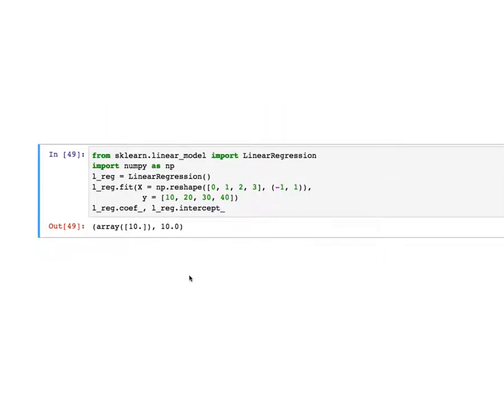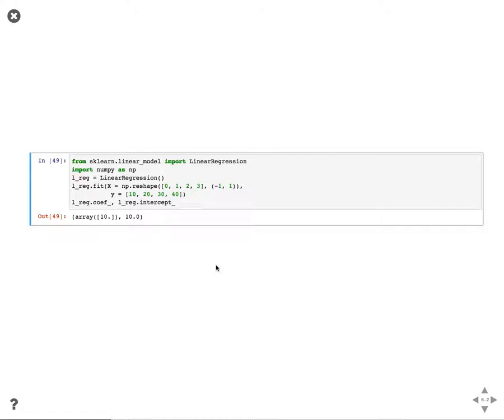Yeah, so what we see is it took this data, fit it, and decided that the slope, or the coefficient, because there can be multiple dimensions in what you're doing, was 10, which makes sense because 0 goes to 10 and 1 goes to 20, so that slope is very easily identifiable as 10, and the intercept is 10. So the offset between 0 on the x-axis and the y-axis is 10.